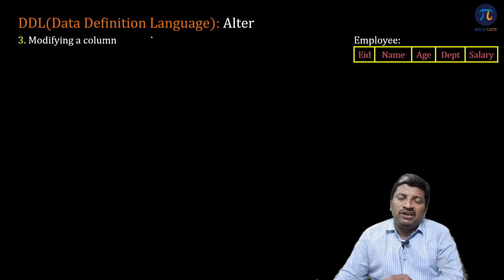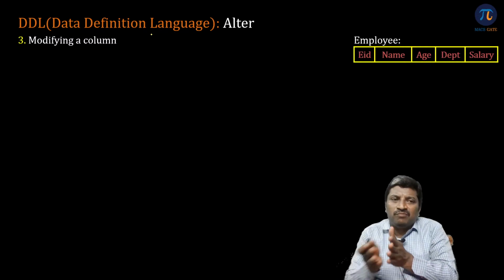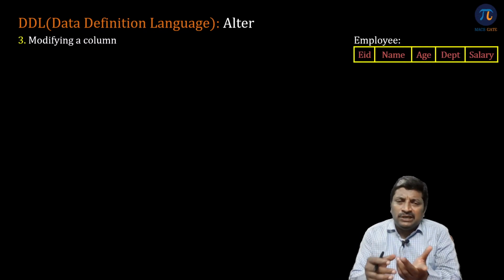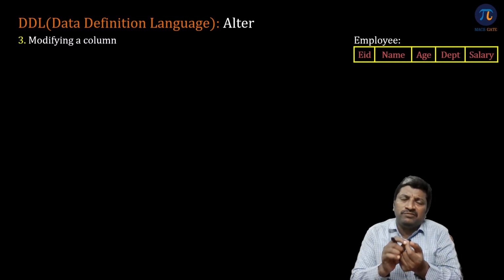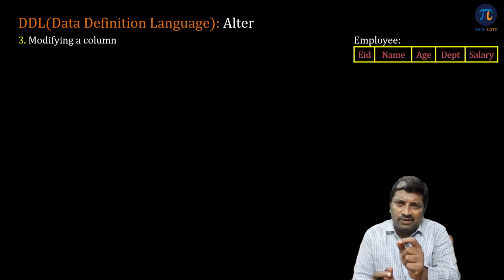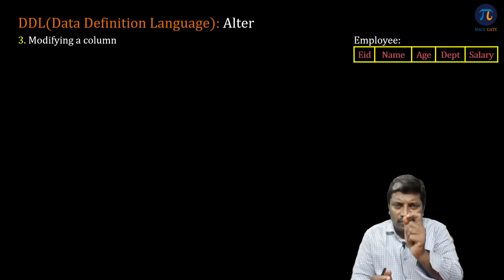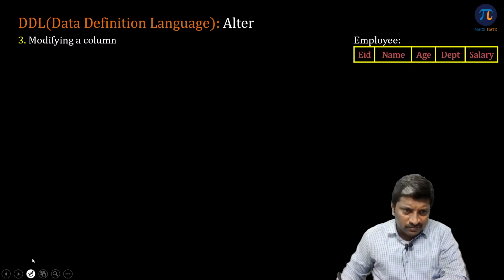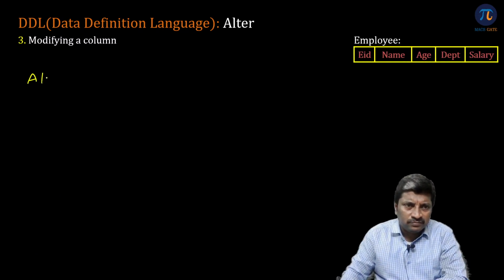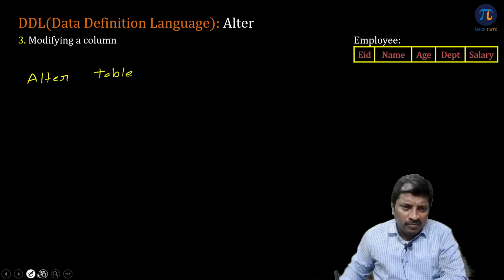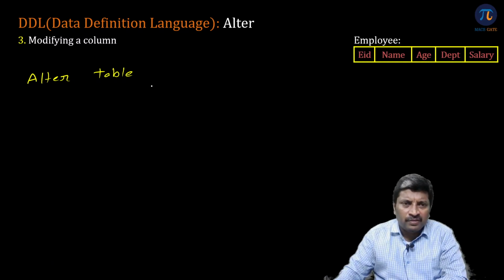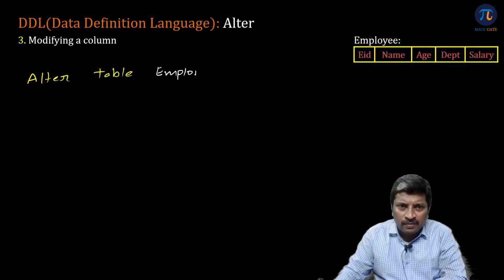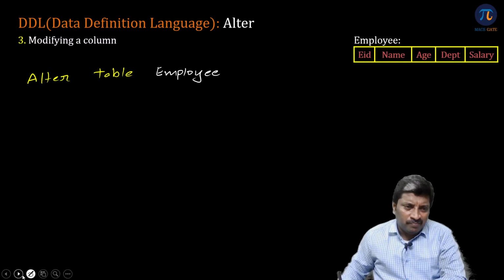Modifying a column. Whenever I want to change the data type, sir, modifying a column, what are the two possibilities? Either you modify the column name or you modify the data type. Whenever you modify the column name, that we discuss as rename. Whenever you want to modify the data type, we will discuss here. So that is alter table name. What is the table name, sir? Employee. Modify.